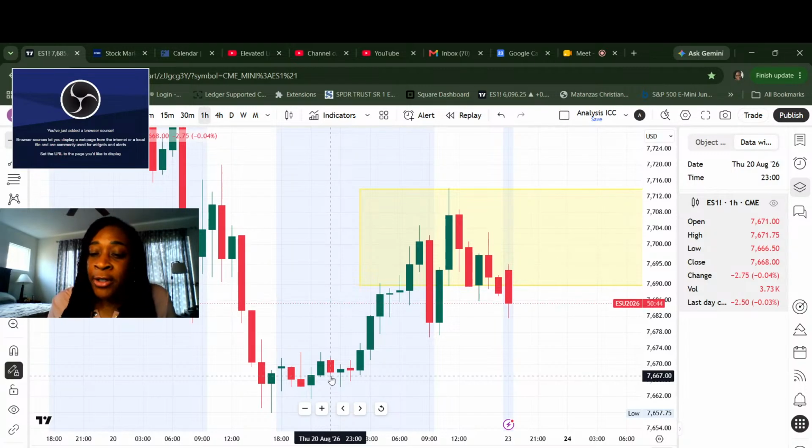When it opens at 6 p.m., it'll stay open until 4:59 or 5 p.m. the next day. It's a 23/5 market, so it only closes for 1 hour during the week. And on the weekend, it's closed. So once it closes on Friday at 4:59, it doesn't open back up until Sunday at 6. So you do have lots of flexibility.